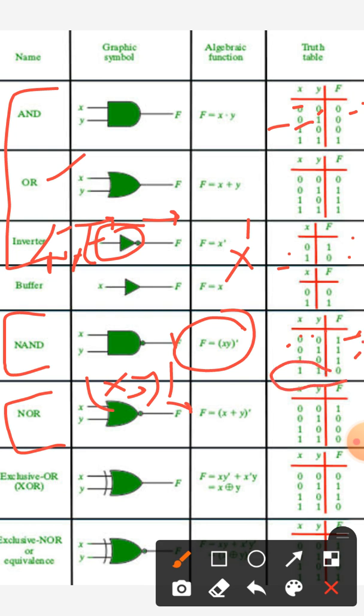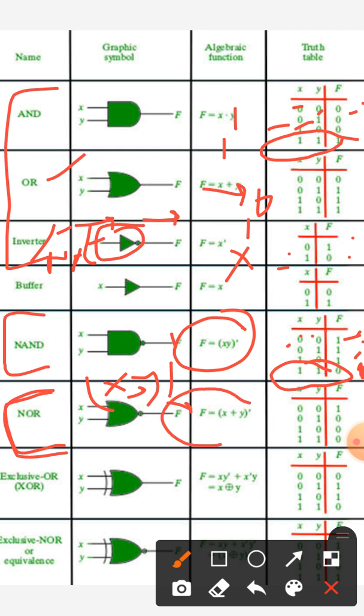In this case, when x and y are both 1, the AND gate result is 1, and the inverse of 1 equals 0. So output equals 0. Like this is the NAND gate. The NOR gate is nothing more than a NOT operator after an OR gate.